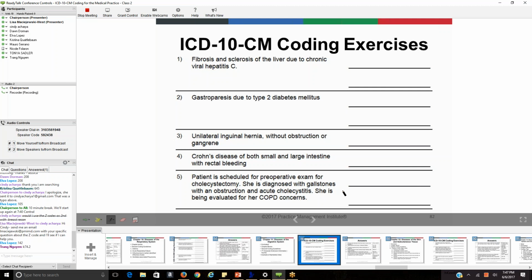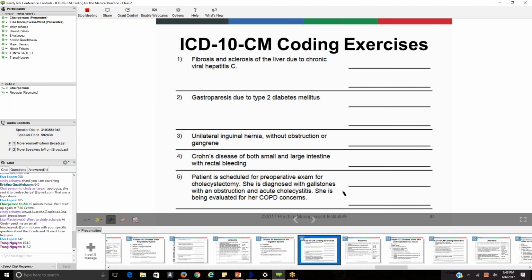With chronic viral hepatitis C. So B15 is hepatitis A, B16 is hepatitis B, and B17. B18 is chronic viral hepatitis. And we've got B18.0, and we don't have anything really specified about this chronic viral hepatitis other than it is chronic viral hepatitis C, which is B18.2.